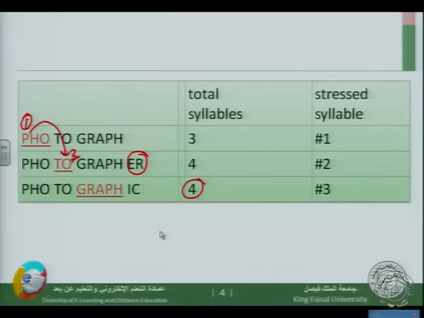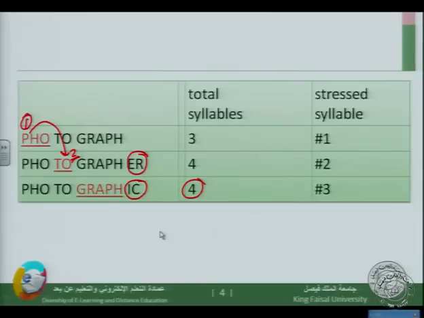And the fourth one, photographic. How many syllables? We have 4. This word actually ends with the suffix IC. And we have learned in the last 2 classes that the IC puts the stress at the penultimate syllable, the syllable before it.